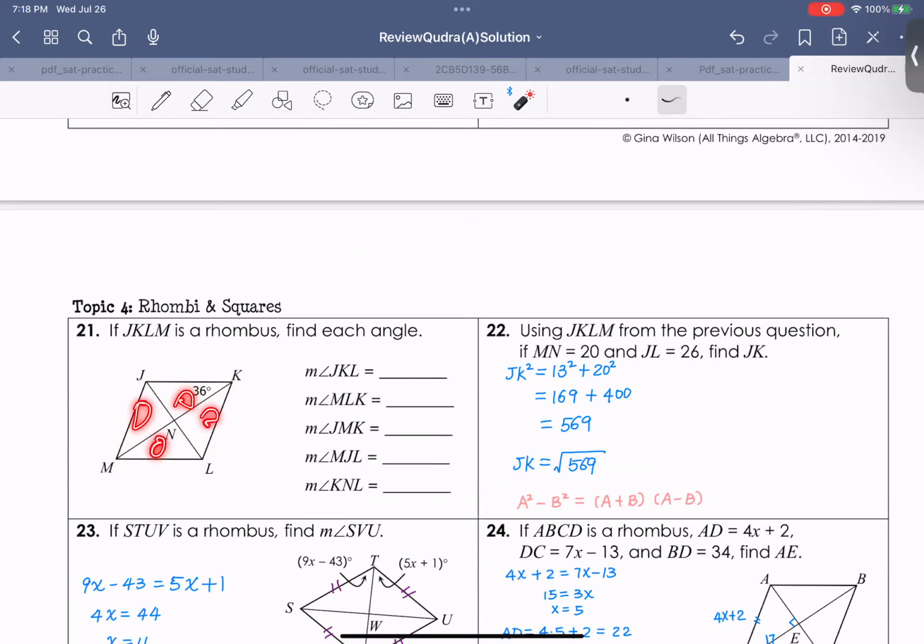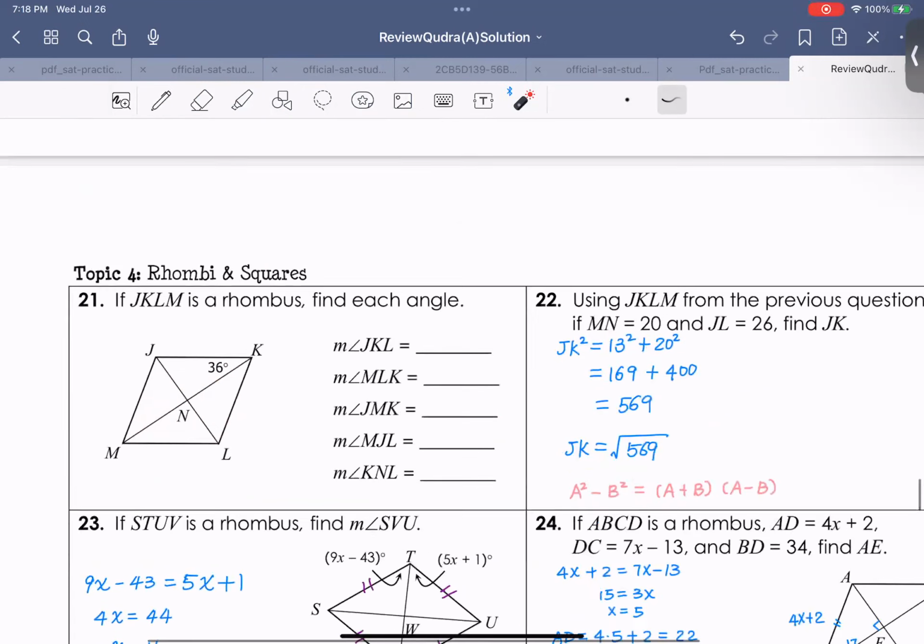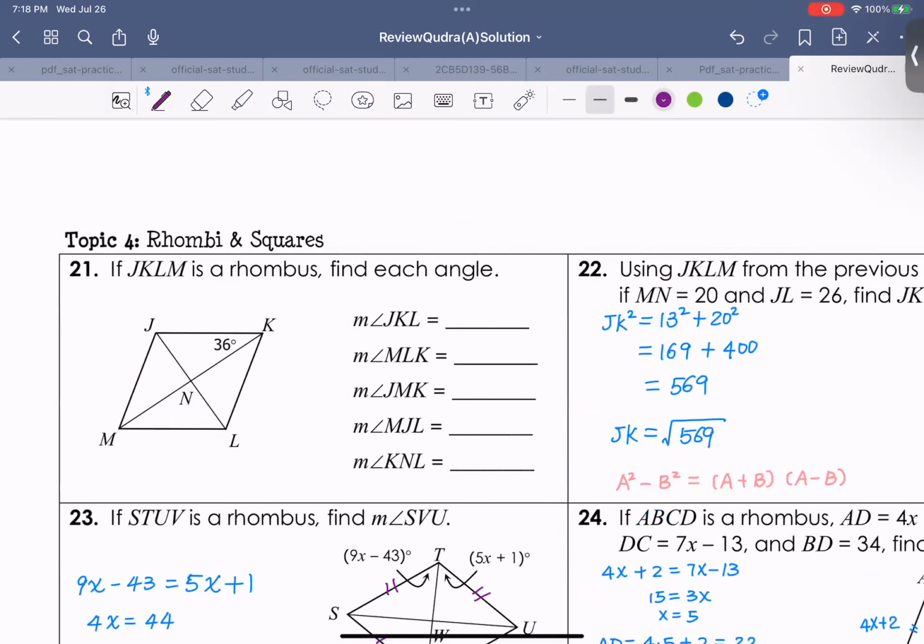These four are identical. As I point out here, this is 90 degrees. So AKL, this angle will be.